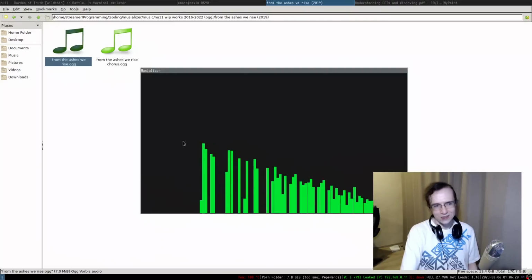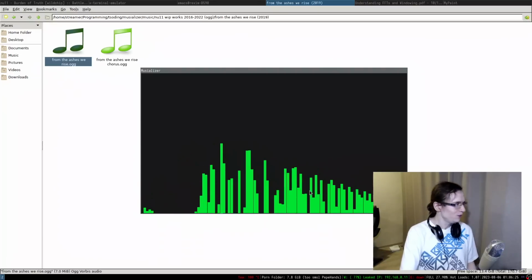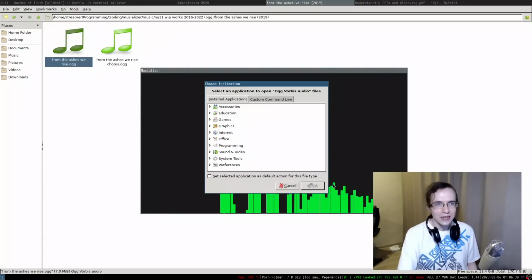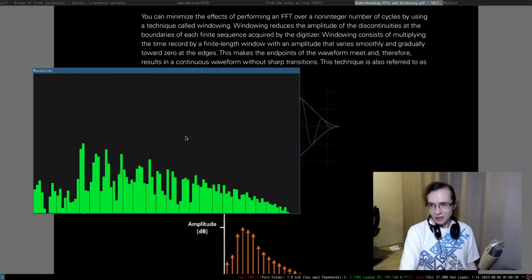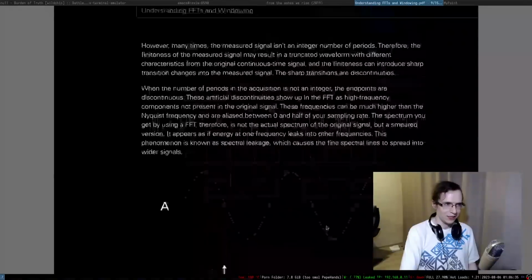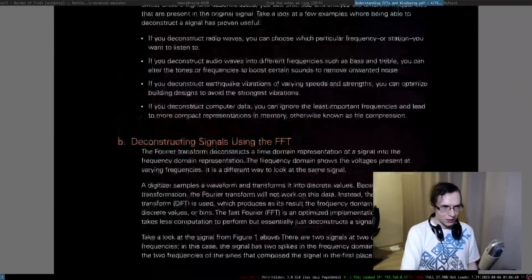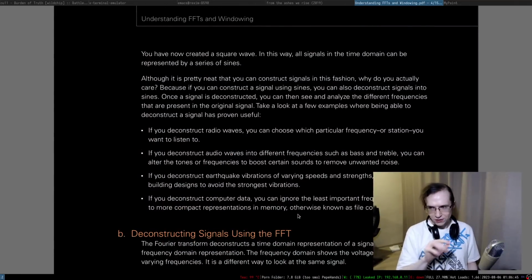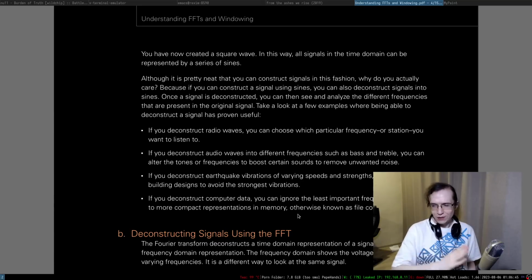You can literally see that, and they sort of form a slope or something. That effect is actually explained in this PDF paper, which explains windowing and stuff like that. The reason is that these are square waves. Since it's a chiptune, it makes use of sine waves, square waves, sawtooth waves, and so on.